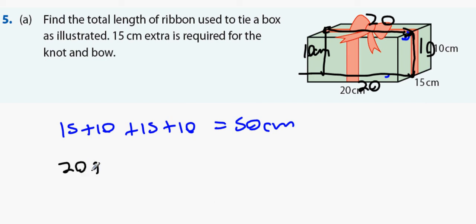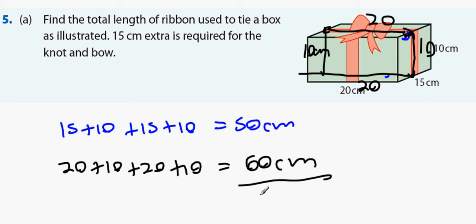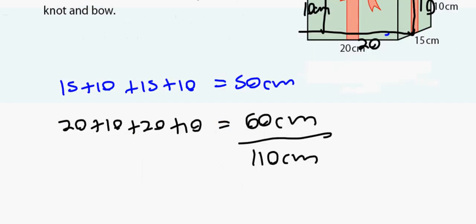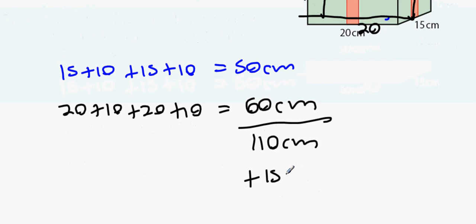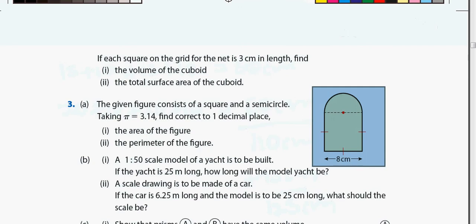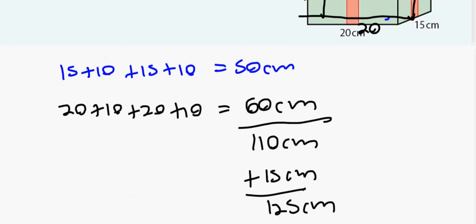That equals 60 centimeters. Now add them both together, we get 110 centimeters total, plus the 15 centimeters extra. That's going to give us 125 centimeters. Okay, 125 centimeters, that's that one correct. Next one, 5b.